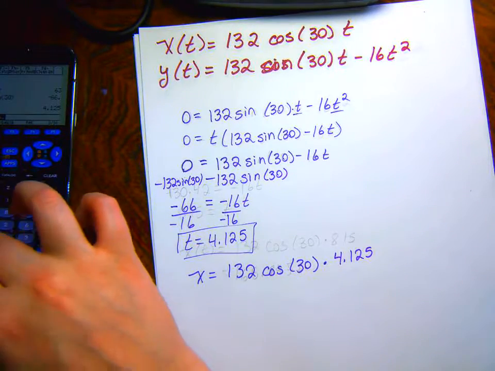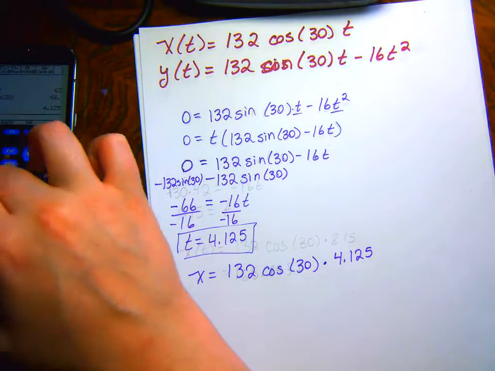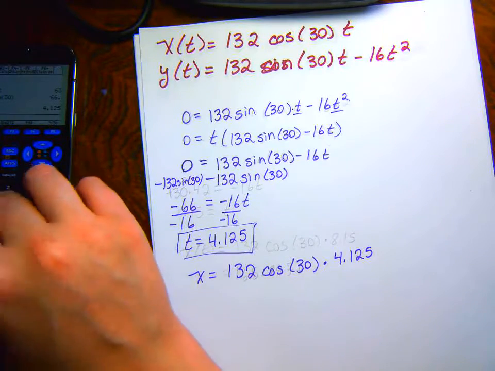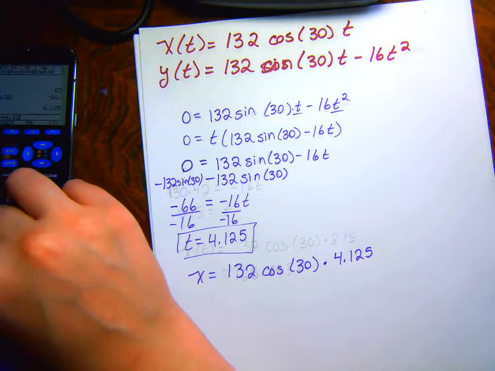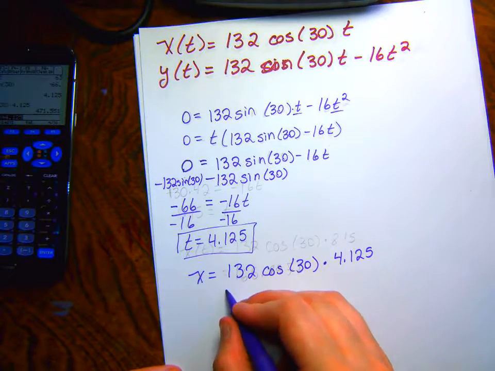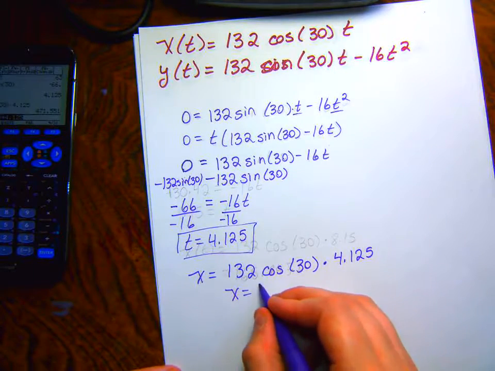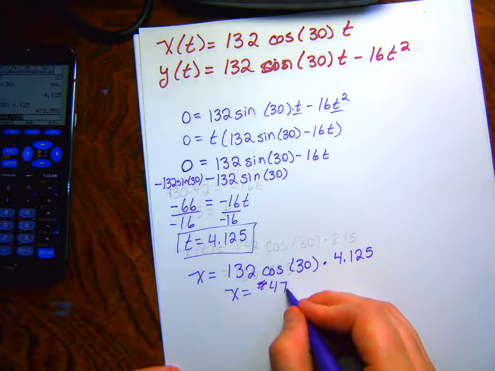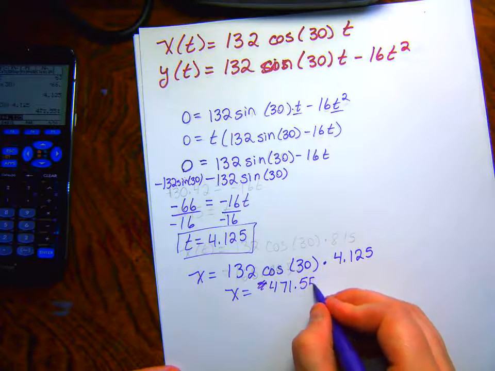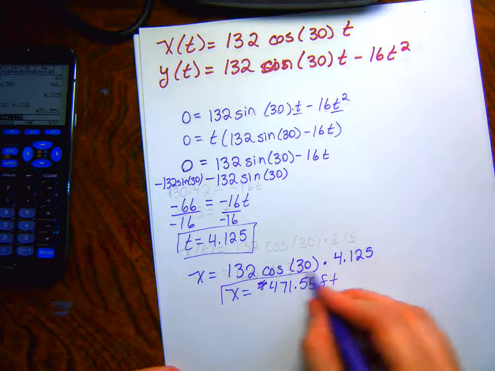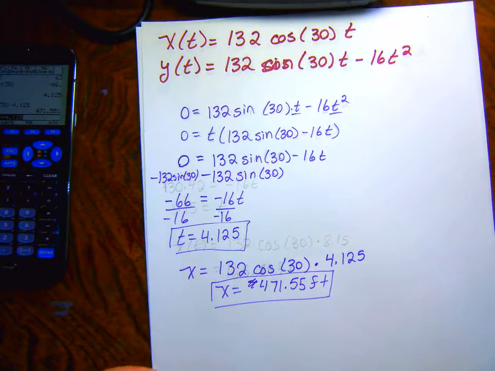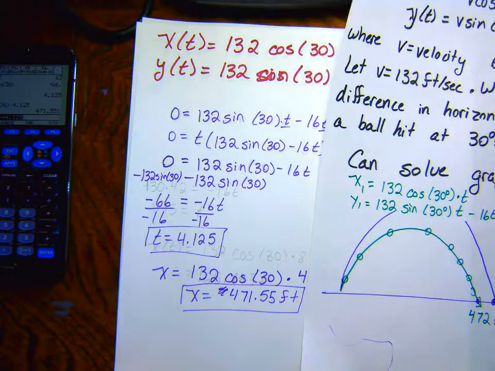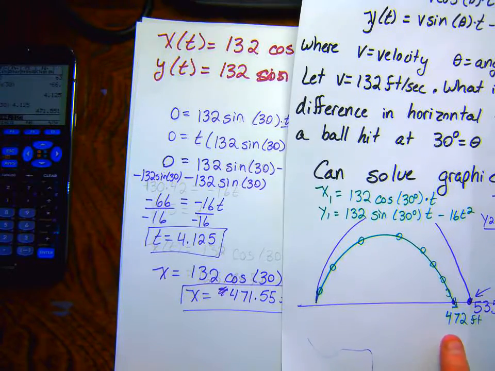If I enter this in my calculator, cosine of 30 times 4.125, I get that my x equals 471.55 feet. Right, which actually is pretty close to what my calculator traced it out to be.